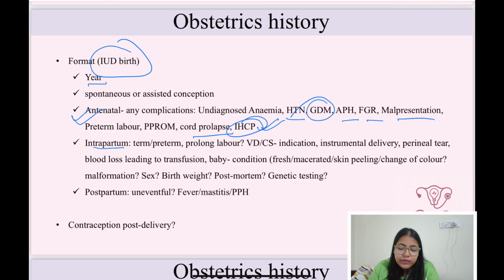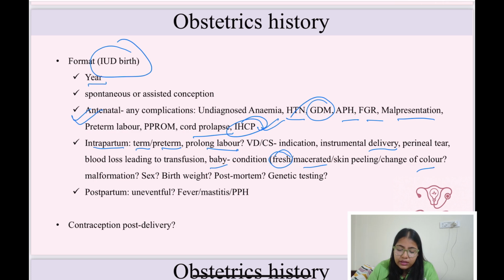Similarly, intrapartum, if it was term or preterm, if there was any prolonged labor, if cesarean was done, what was the indication. Similarly, in an IUD baby, you should always ask when the baby was born and what was the condition of the baby. Was it a normal fresh baby, or was the skin macerated or peeling, which may indicate an old IUD?